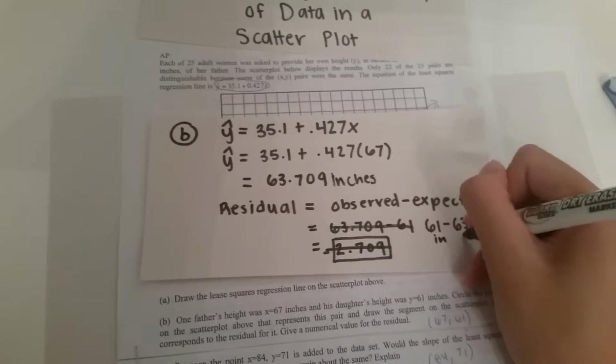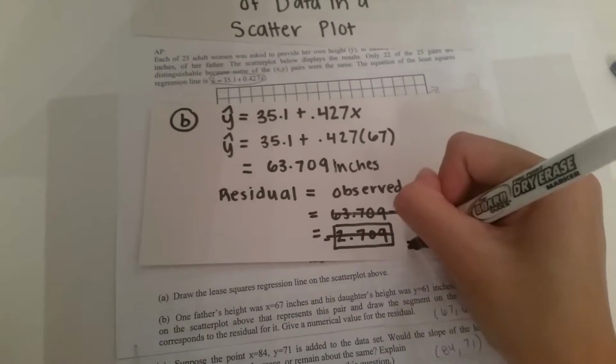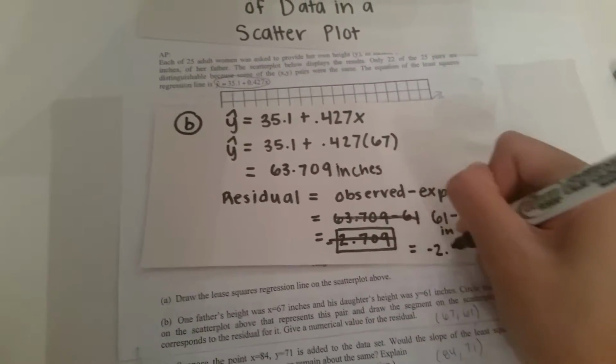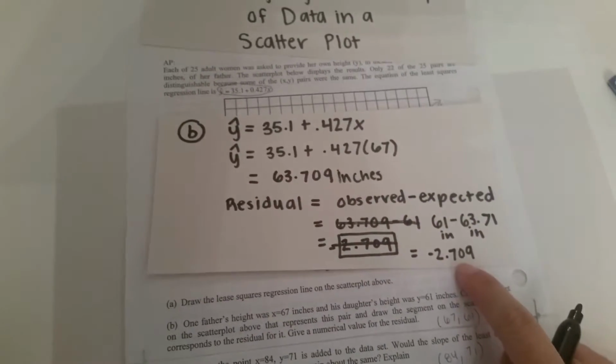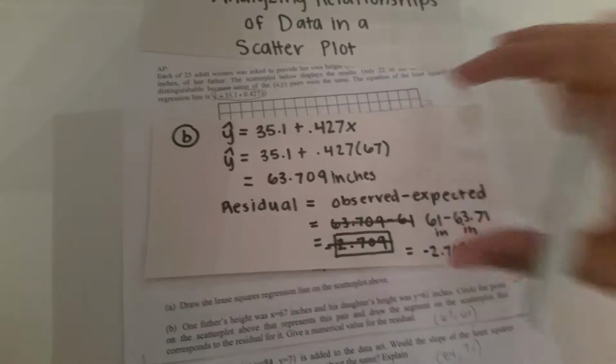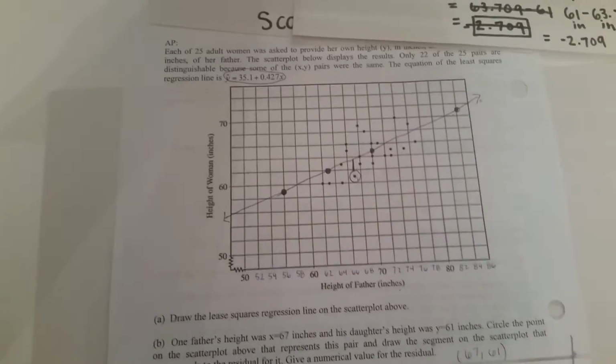They're both in inches, okay? And the residual would be negative 2.709. And that is the residual, okay? That is this distance right here.